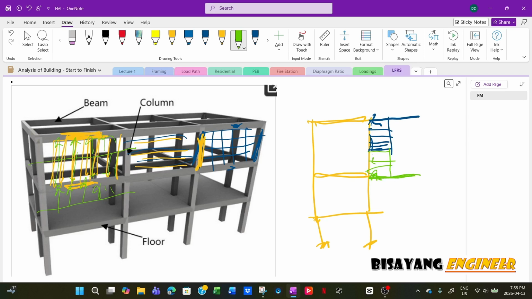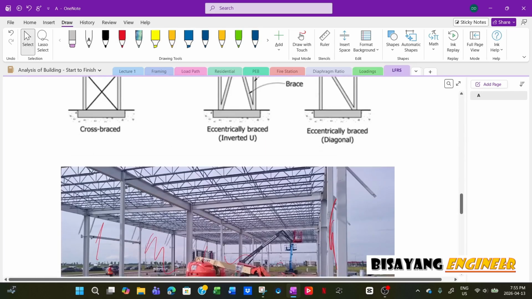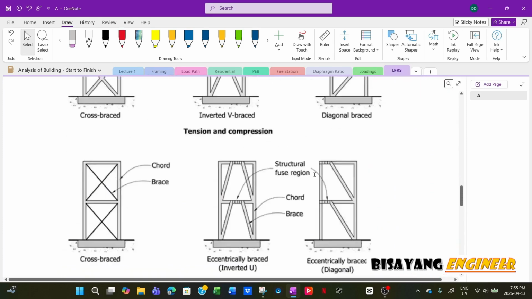And at the same time, half of that will be going to the upper floor beam, and then half of that will be going to this beam here, the beam line diaphragm. The same as this one here. So you now have a roof diaphragm or floor diaphragm, and then transfer that to the outer frame.